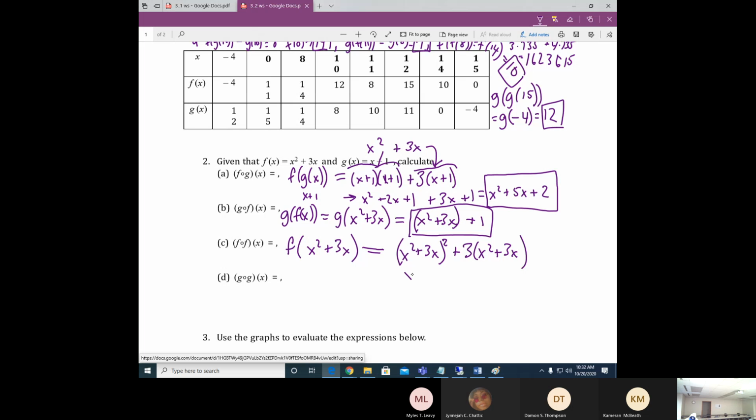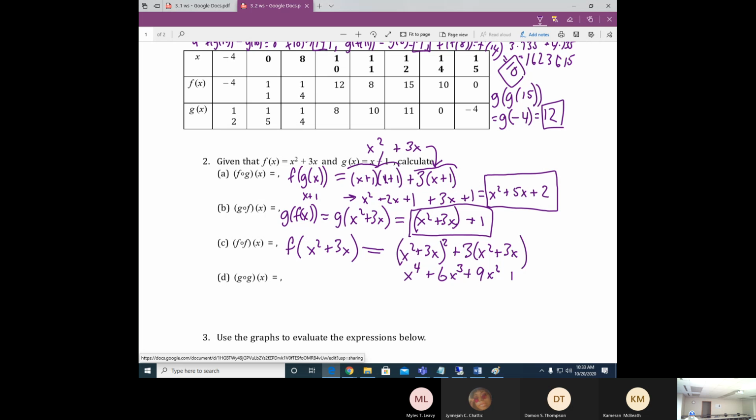That's x to the 4th, x squared times x squared, plus 3x cubed, plus another 3x cubed. I'm going to get 6x cubed. So I'm going to get 3x times x squared plus the outside 3x times x squared. Give me 6x cubed. And then 9x squared.